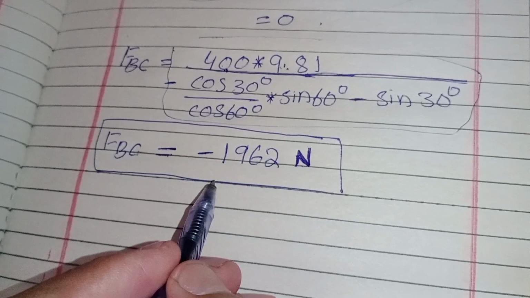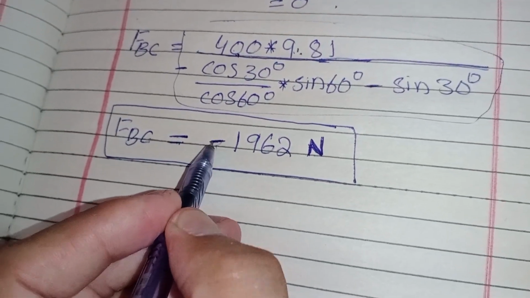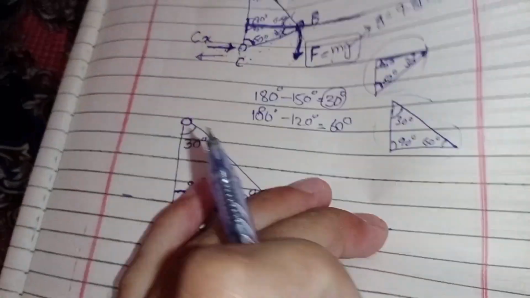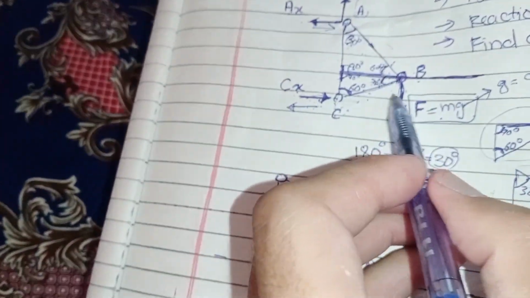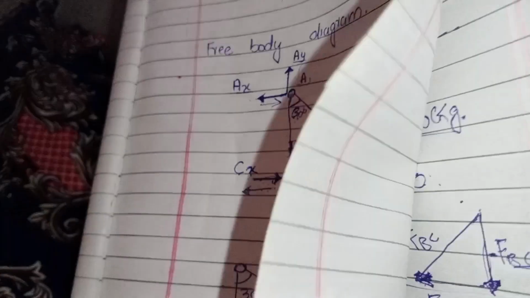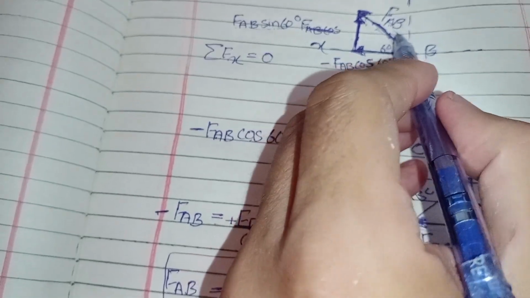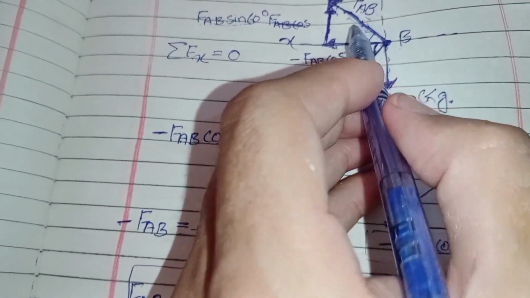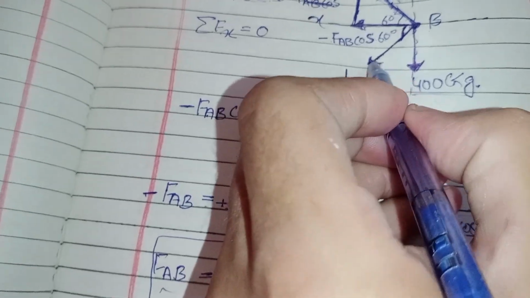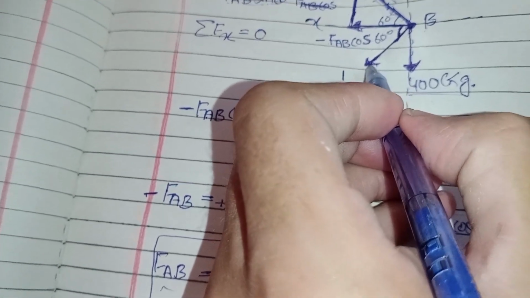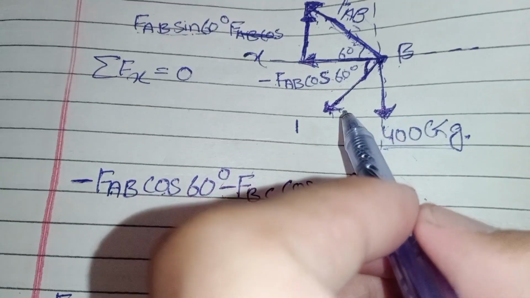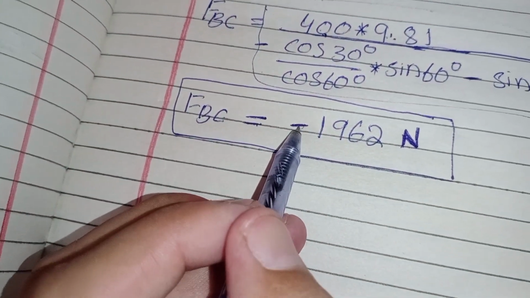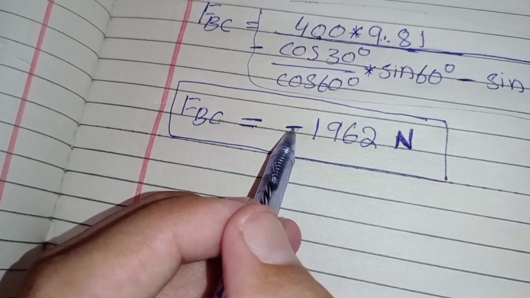The negative sign shows that our first assumption was wrong. We assumed that this force is in tension, but it is not in tension, because we obtained the answer with a negative sign.